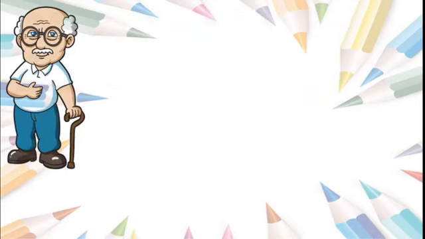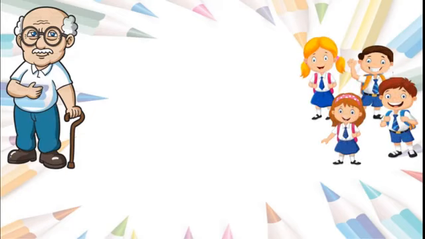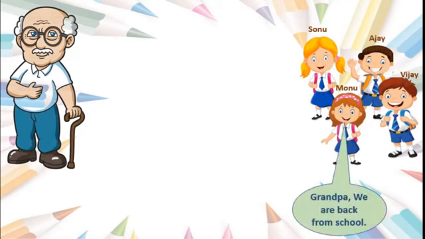Here one more story of Grandpa is there. Are you ready to listen? Grandpa is eagerly waiting for the children. Yes, here they came. See these 4 children named Sonu, Ajay, Vijay and Monu. They came from the school.